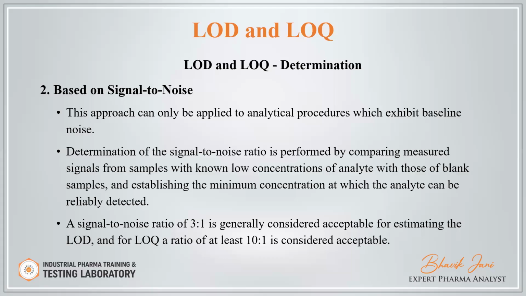Determination of signal to noise ratio is performed by comparing the measured signal from samples with known low concentrations of analyte with those of blank samples, and establishing the minimum concentration at which the analyte can be reliably detected. You have to check the signal to noise ratio. A ratio of 3:1 is generally considered acceptable for estimating the LOD, and for the LOQ it should be at least 10:1.